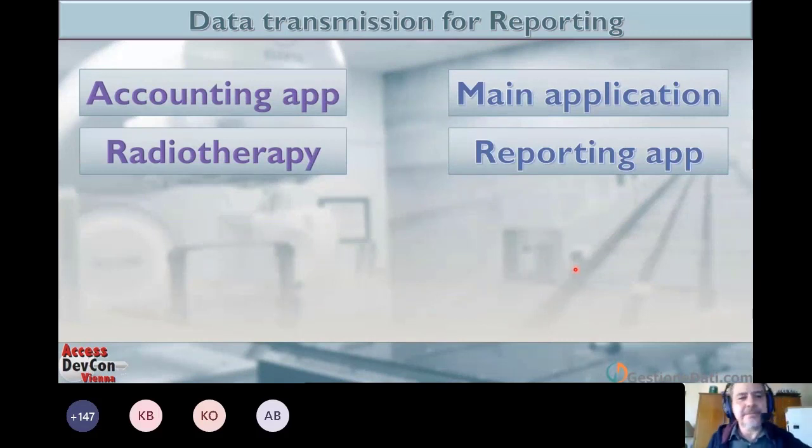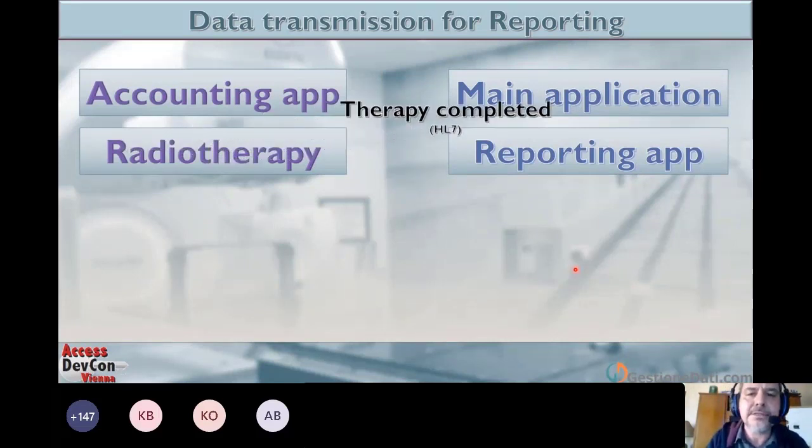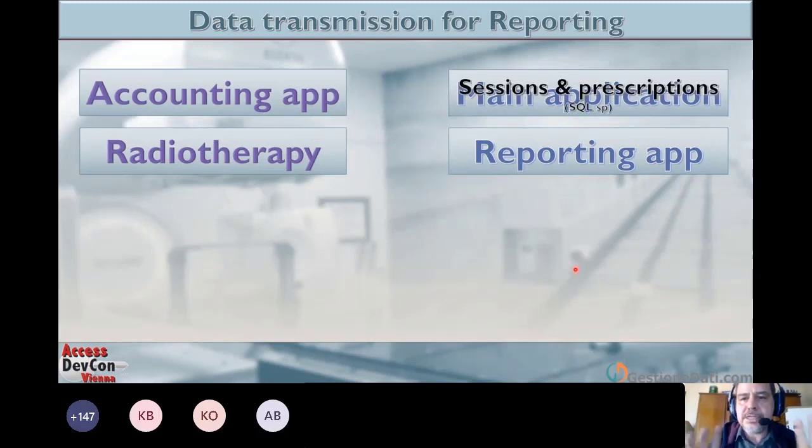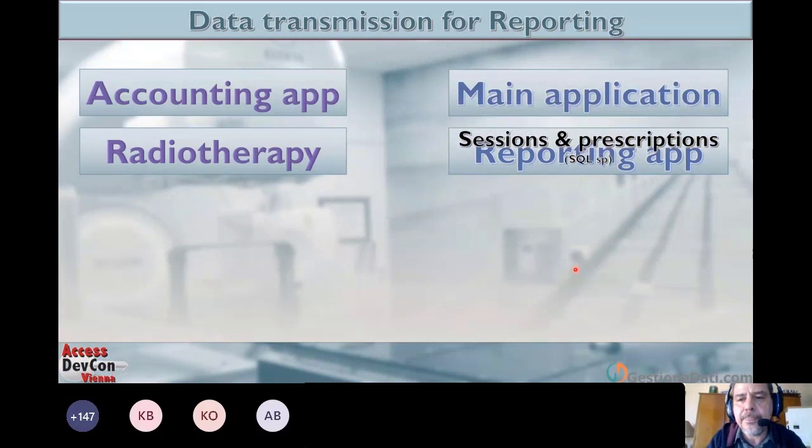Okay, the data transmission for reporting follows the same strategy. As I said, the prescriptions are sent to our application. Radiotherapy sends, I would say, therapy completed via HL7 interface. Sessions and prescriptions are sent to the reporting application.